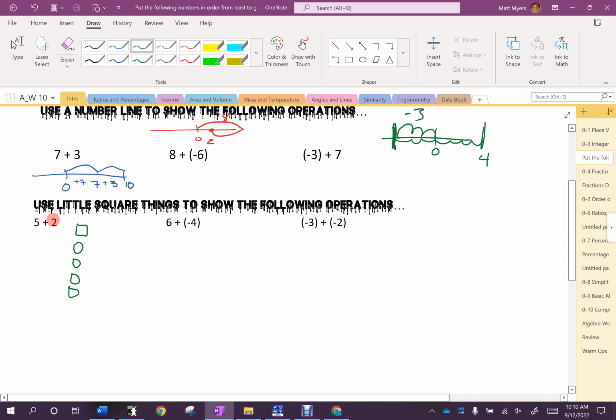What do I do for this? Draw out 2. How many little squares do I have? How many little shapes do I have? Because Brody's going to say, some of those are circles, some of them are ellipses, some of them are dodecahedrons. How many do I have? 7. How do I do this one? What do I do for the 6? I draw 6 little squares.